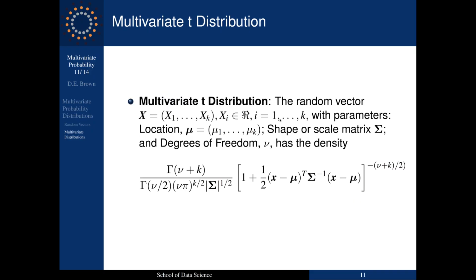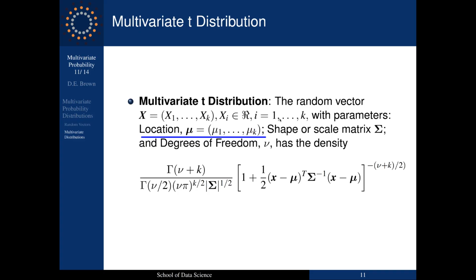The t-distribution also has a multivariate extension, and it's very similar to the multivariate Gaussian. Again, we have a random vector x, in this case of k components. We have a location parameter. Just like we had three parameters for the univariate t-distribution, now we have three parameters as well, but one of them is a vector, one of them is a matrix, and one of them remains a scalar.